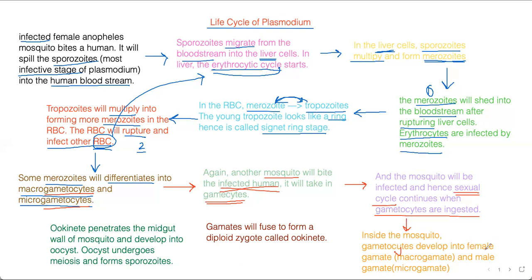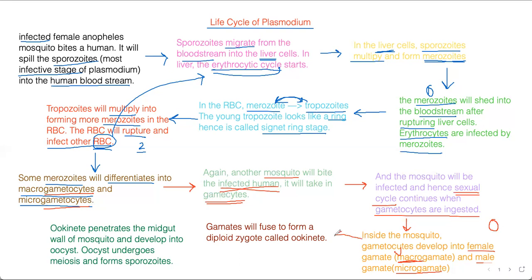The female gamete is known as macrogamete, and the male gamete is known as microgamete. So gametocytes develop into female gamete and male gamete.